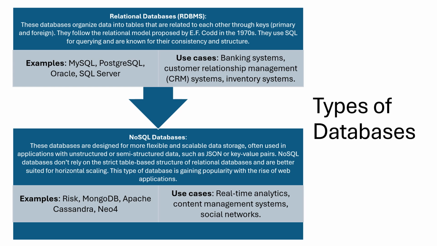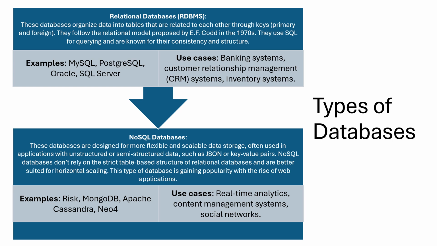Here we get into the different types of databases. Relational databases, which is one of the most common, and you have examples here: MySQL, SQL Server, Oracle, and some of their uses like banking systems, CRM systems, inventory systems.